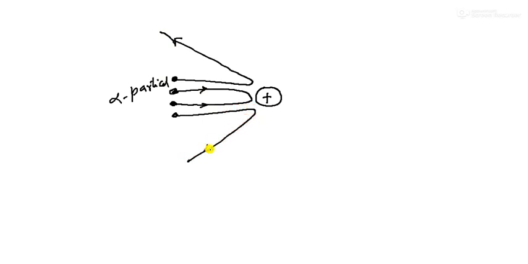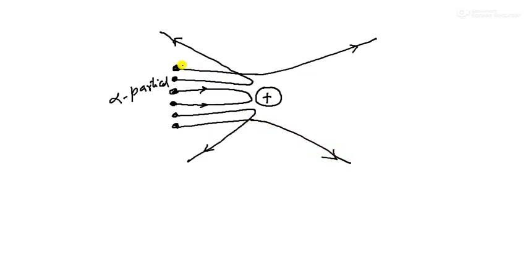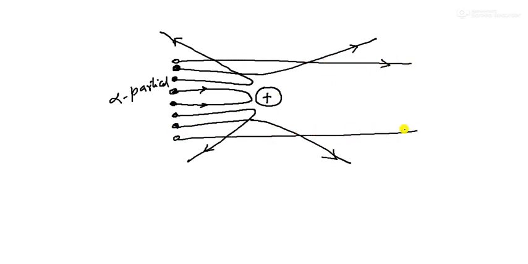So you can form this one. And some alpha particles are going here and they are deflecting this side, and in this the alpha particle is also going there and deflecting this side, and most of the alpha particles pass through the gold foil like this.